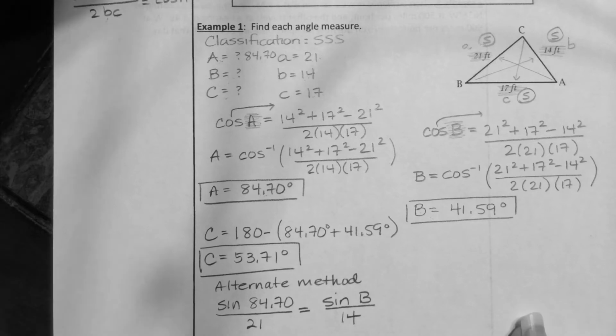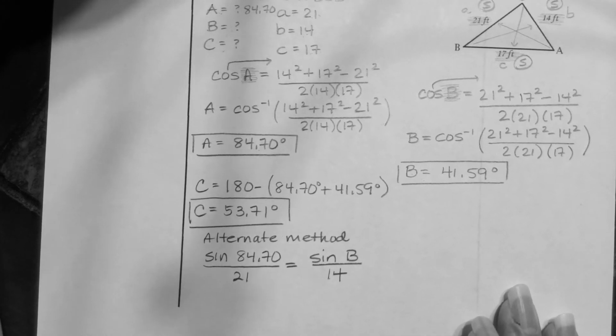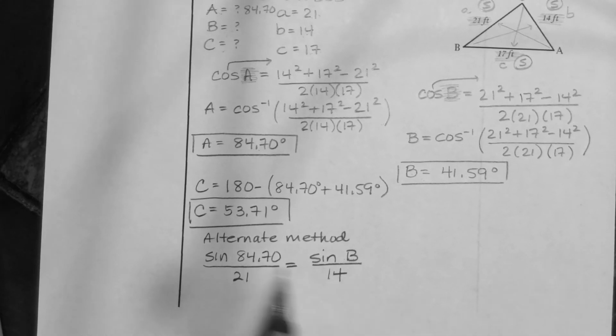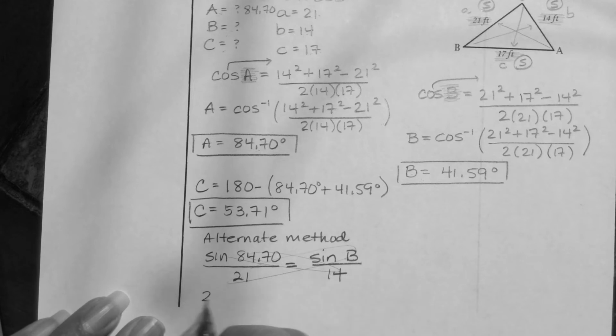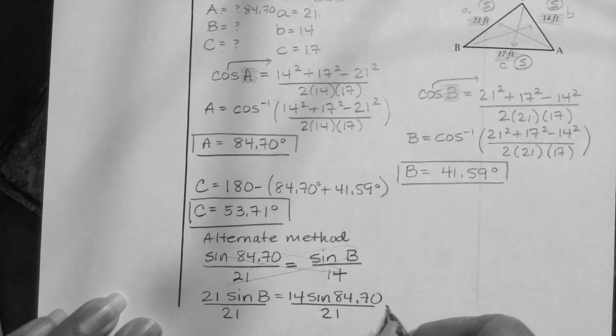And so when I do my sine inverse here to get angle B after I cross multiply it, of course, because you would have to do that and that, right? Notice it will be 21 sine B equals 14 sine 84.7. And then we'd have to divide by 21, but then that sign has to move as well.